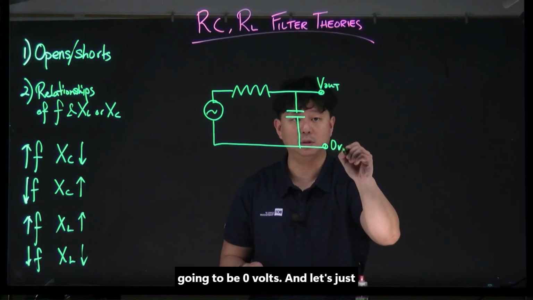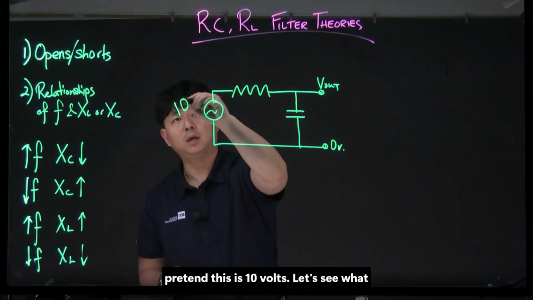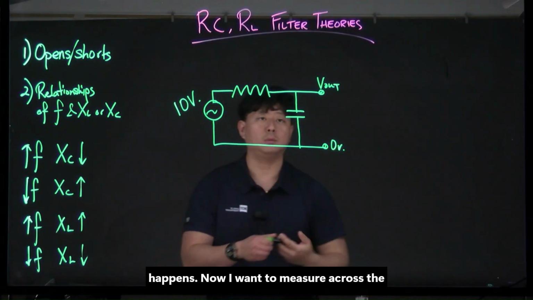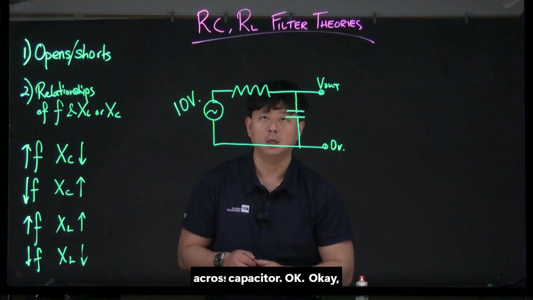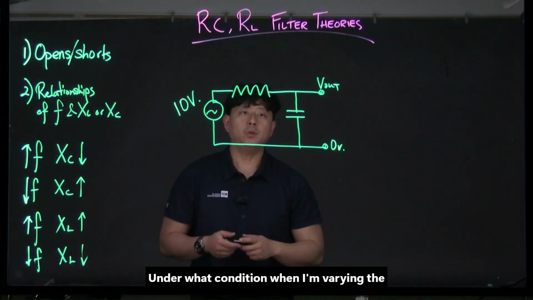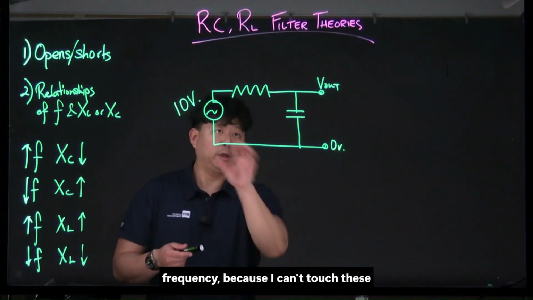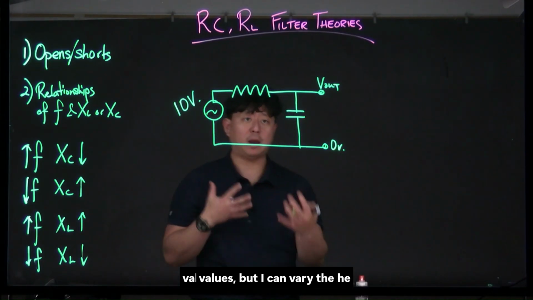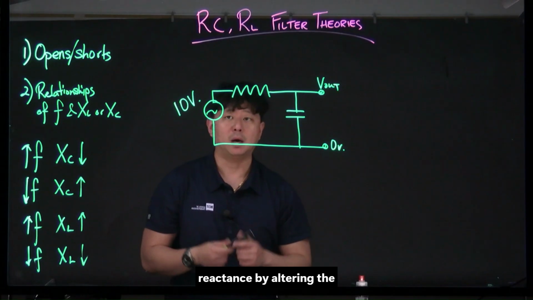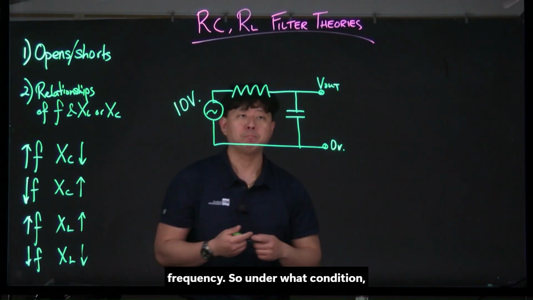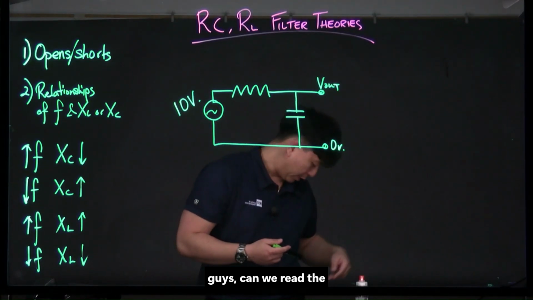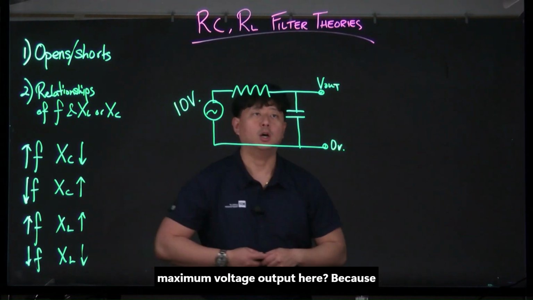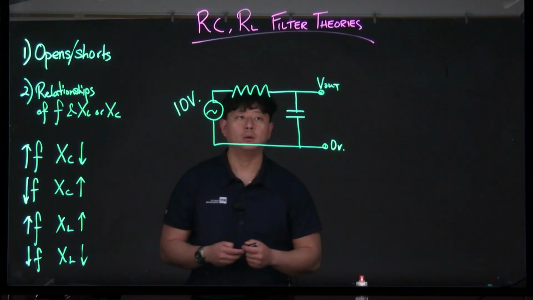Obviously, this is going to be 0 volts, and let's just pretend this is 10 volts. Now I want to measure across the capacitor. I can't touch these values, but I can vary the reactance by altering the frequency. So under what condition, guys, can we read a maximum voltage output here? Because that's our goal.